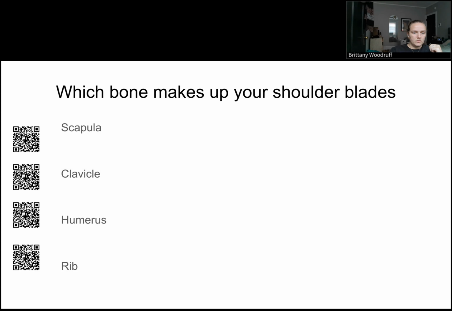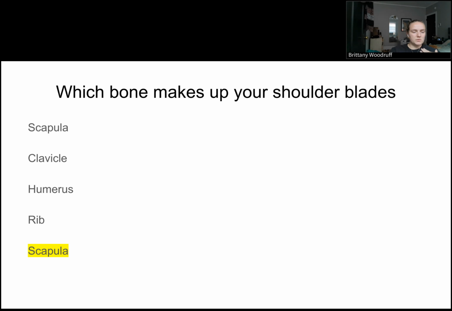The clavicle is going to be your collarbone, right? Scapula, wing bones; clavicle, collarbone. Humerus, we already talked about. That's going to be your upper arm. Ribs make up your rib cage.